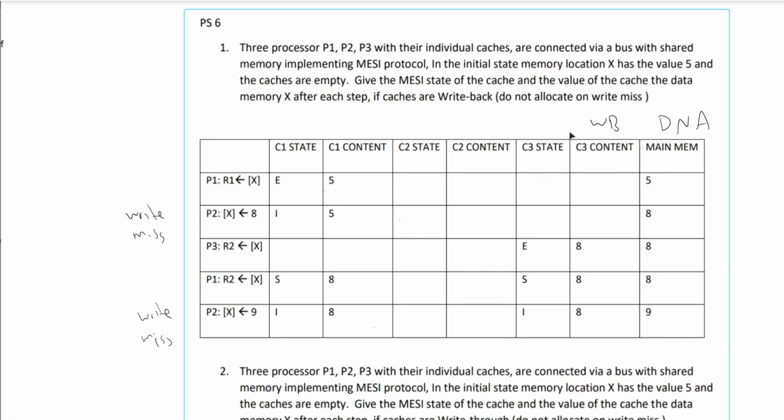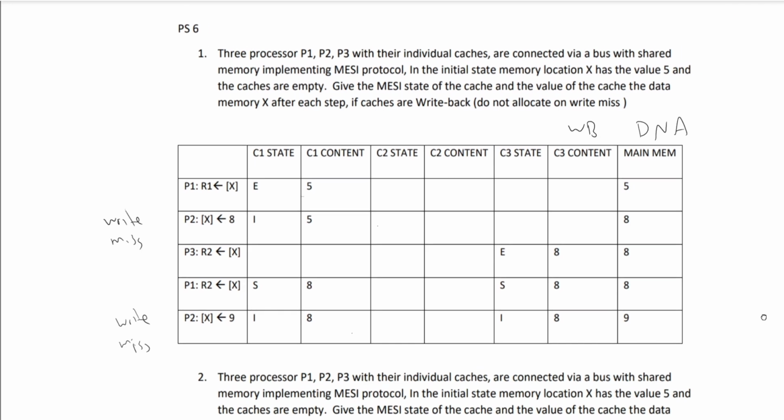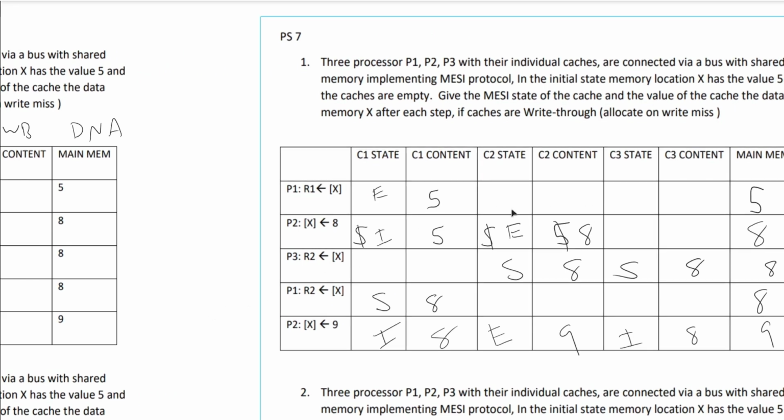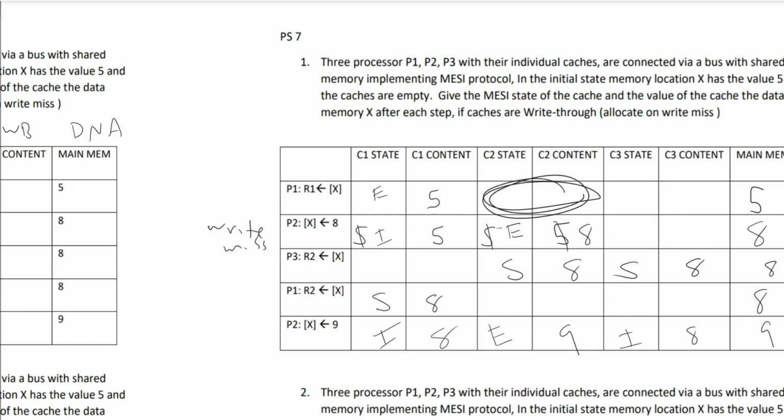That means that when you have a write miss, we don't care. We don't bring it to the cache. For problem set 7, it's allocate on write miss. So when we do have a write miss here, it wasn't in processor 2's cache initially. This was empty, right? Over here, there's nothing in the cache.